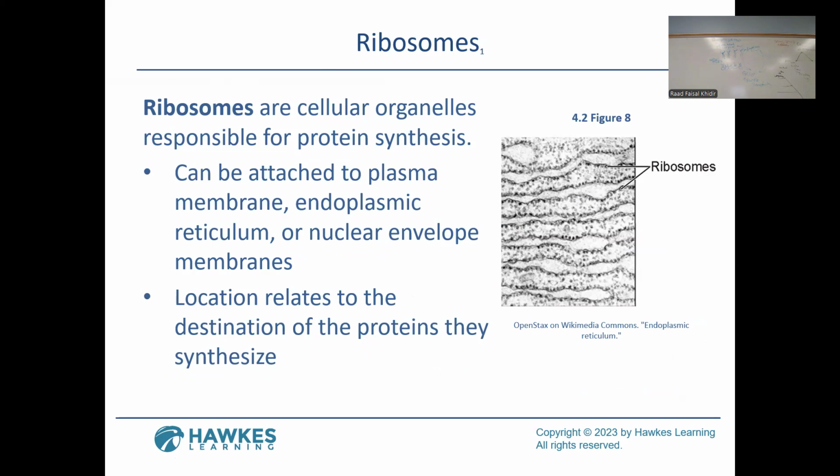That's why ribosomes are one of the major shared compartments between eukaryote and prokaryote cells, because everybody needs to make proteins. Bacterial cells need to make proteins and eukaryotic cells need to make proteins.